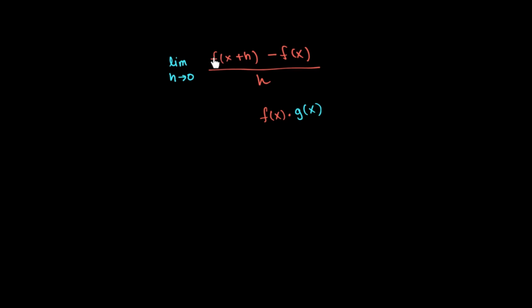So instead of writing f of x plus h, now I will be writing f of x plus h times g of x plus h. So this limit definition would turn out to be something like this.